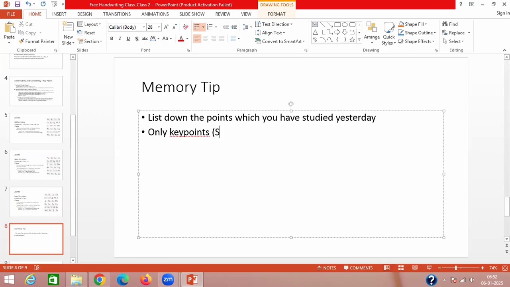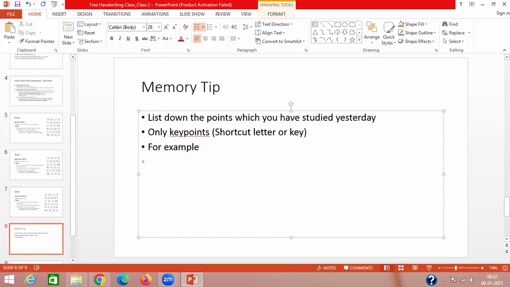Then make it a shortcut key, shortcut word, letter, or key. Okay. So, for example, you have studied history or something. So make it with the alphabet.